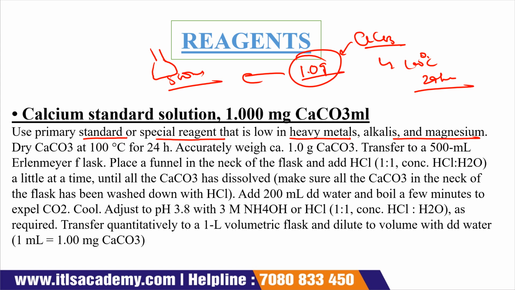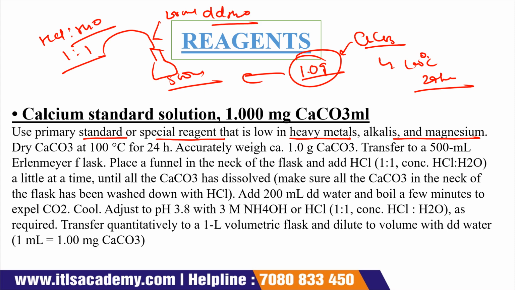After that, we add HCl plus H2O in a 1:1 ratio until all the calcium carbonate is dissolved. Now after that, we add 200 ml of deionized distilled water for mixing.